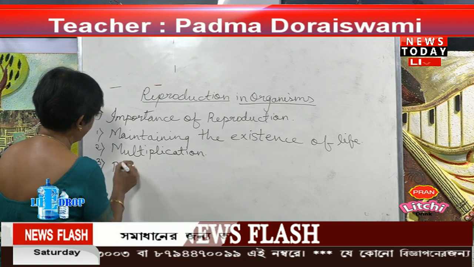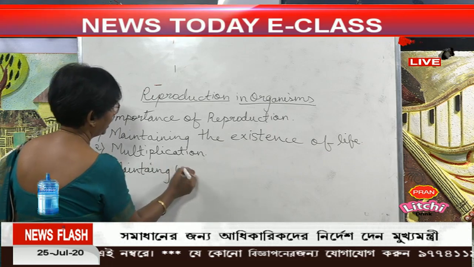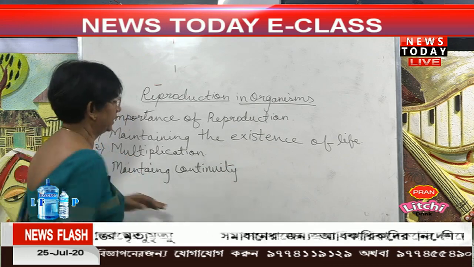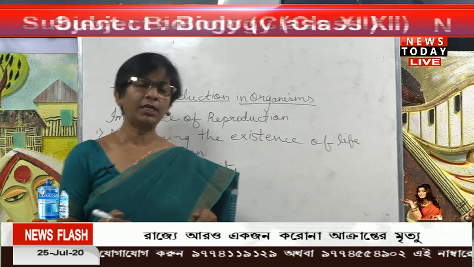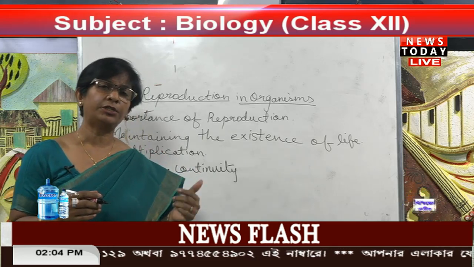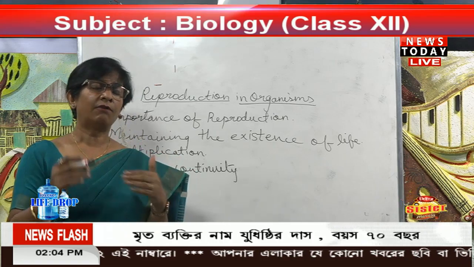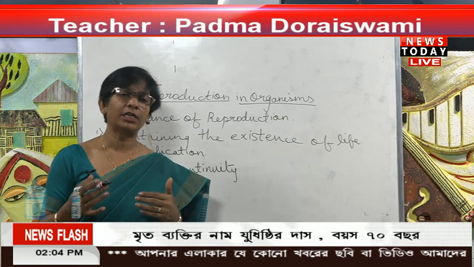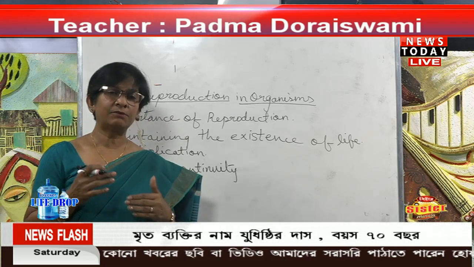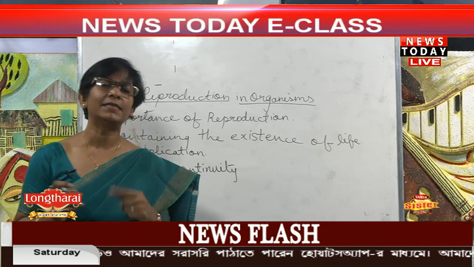Now third is maintaining continuity. We have seen that organisms are already on the surface of the earth, but if they were going to vanish, there must be continuity, generation to generation, year to year. Now, if these are increasing, there should be setting up of balance in nature.